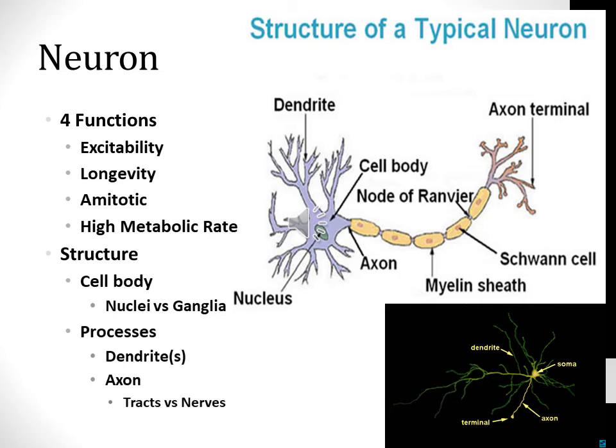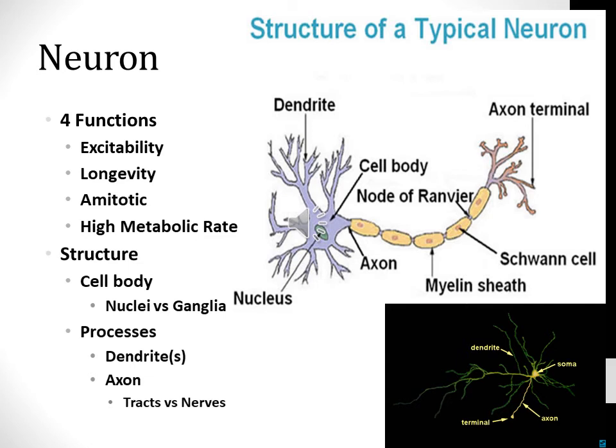Okay? Then we have our axons, and our axons are going to send the impulse away from the cell body. They could be very, very short. They could be relatively long, and there's only about 1 per cell body. They are the conducting region of the neuron, and they're going to generate and transmit the action potential away from the cell body.